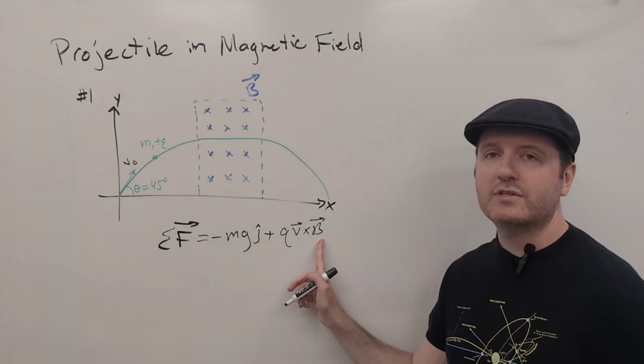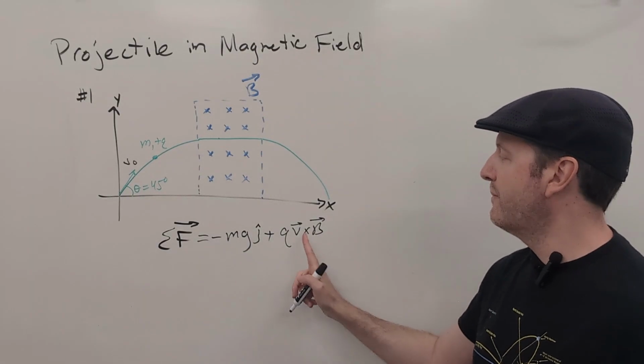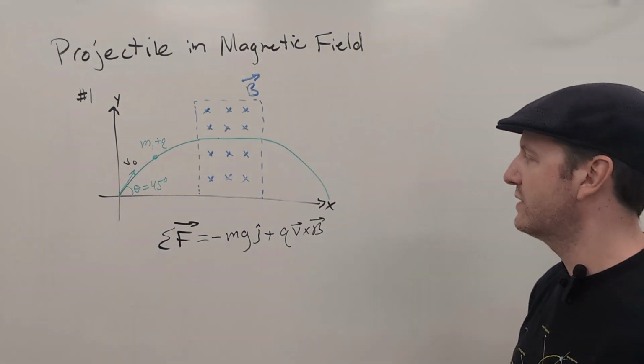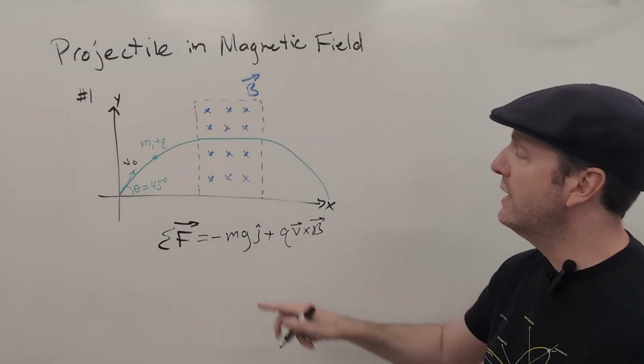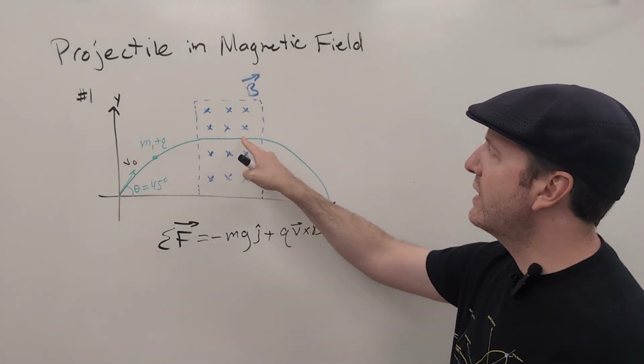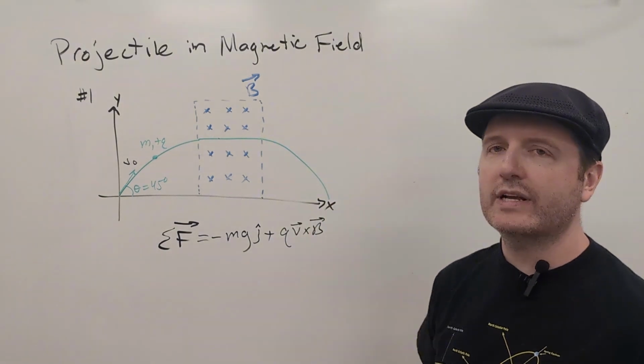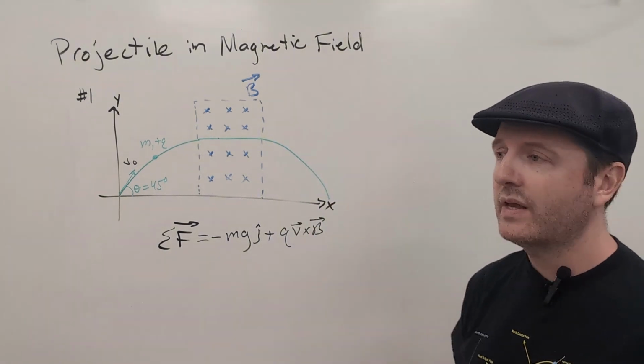Luckily for us, B happens to be uniform, and v is in a very particular direction while it's moving through horizontally. So this will be kind of straightforward. Now notice that because it's moving directly horizontally, it is not falling or rising. It's not changing the direction of its velocity.